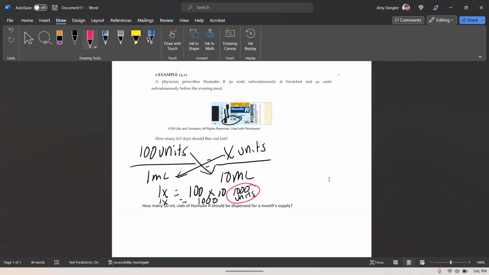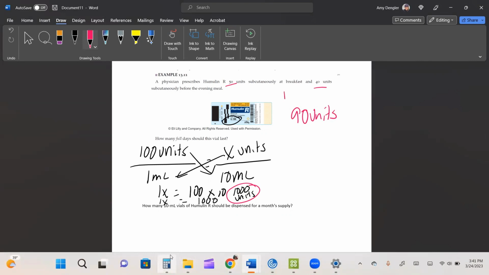So now we just need to add up how many units they're taking a day. So they're taking 50 and 40 a day. So 50 plus 40 is 90 units per day. And there's 1,000 units in the bottle.